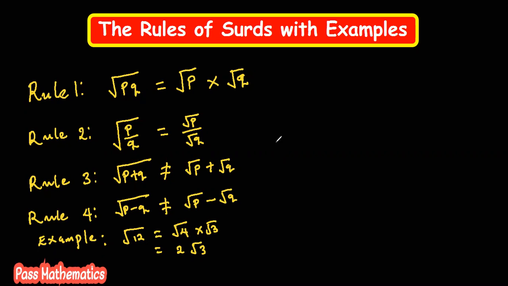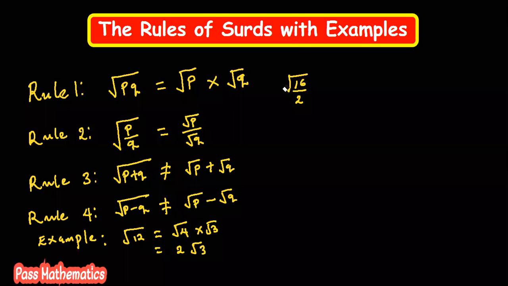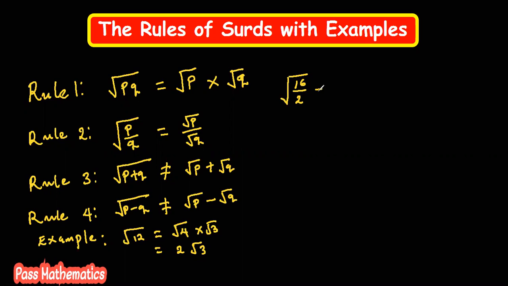But of course, root 6 is not a perfect square, unlike 4, so 4 is the appropriate number to use. Also, for rule number two, if we have, let's say, root 16 over root 2, this is equal to root 16 divided by root 2.